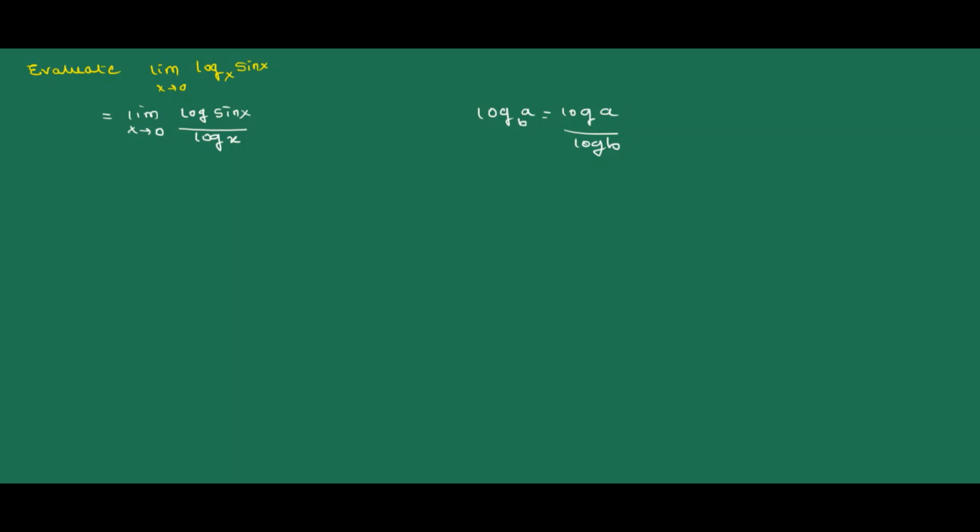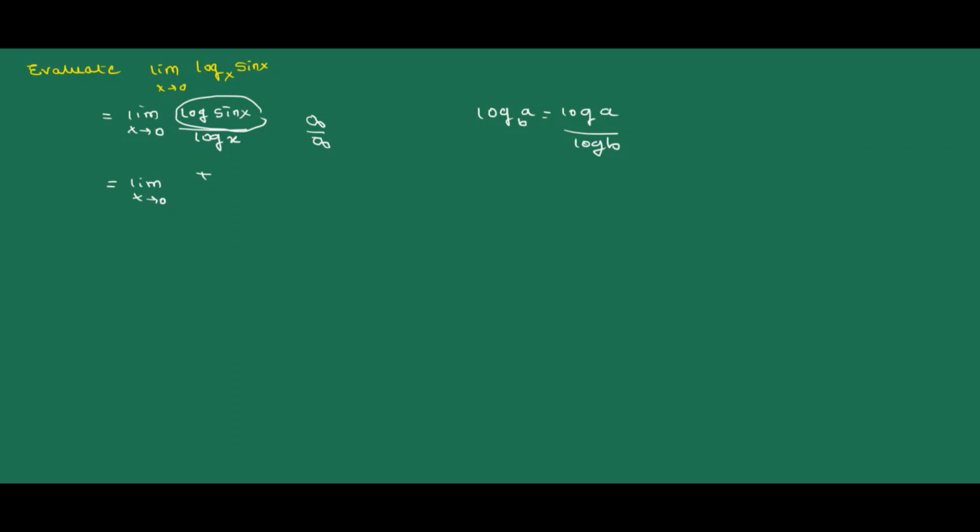And if you put x is equal to 0, it will be in the form of infinity by infinity. So by using L'Hospital's rule, limit x tends to 0. What is differentiation of log sin x?